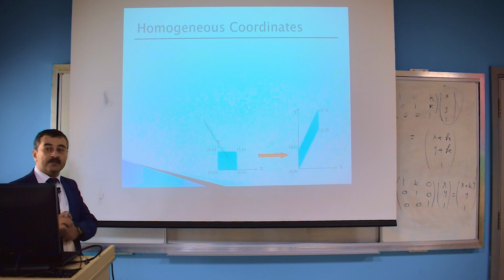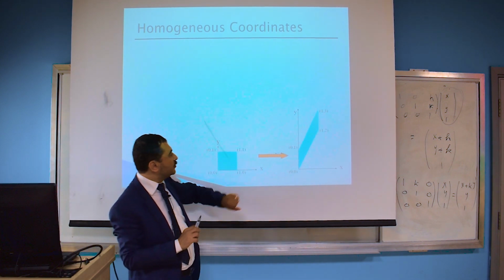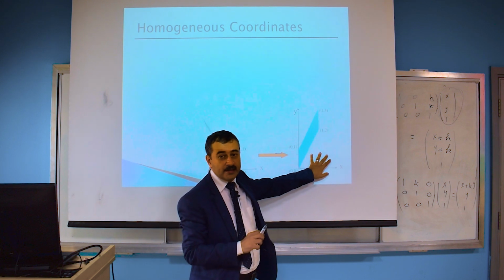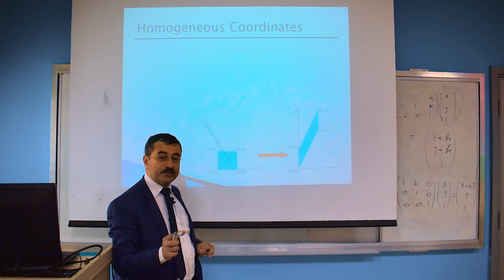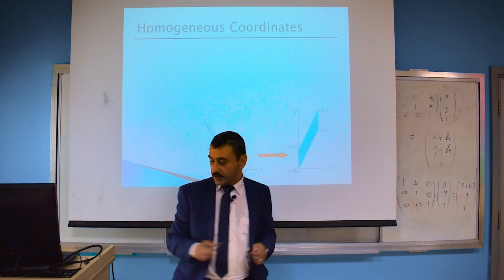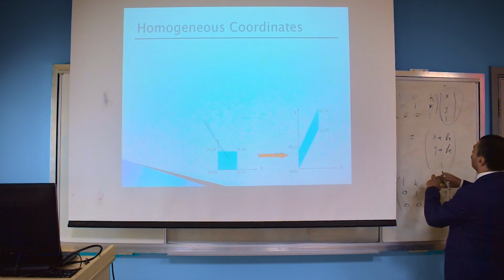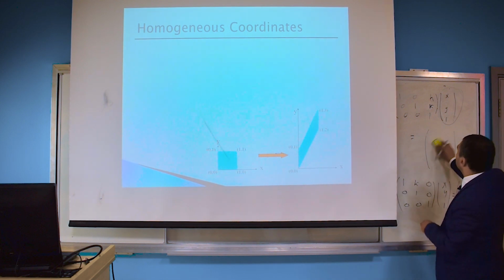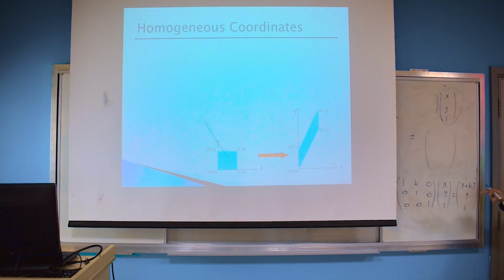What happened here? What is the transformation? If this is the original object and this is the transformed one, this is a vertical shear, right? Can you tell me the matrix? Let's write here the effect first. What happened to x? X as it is.